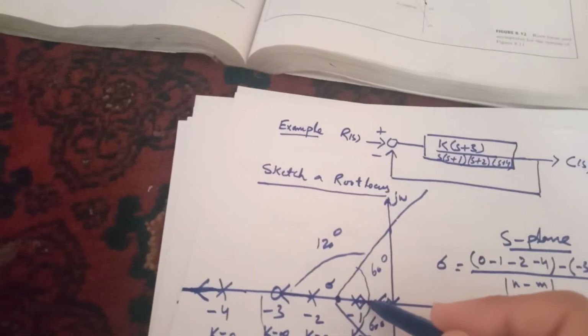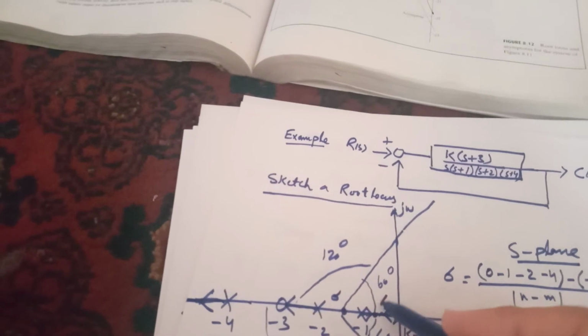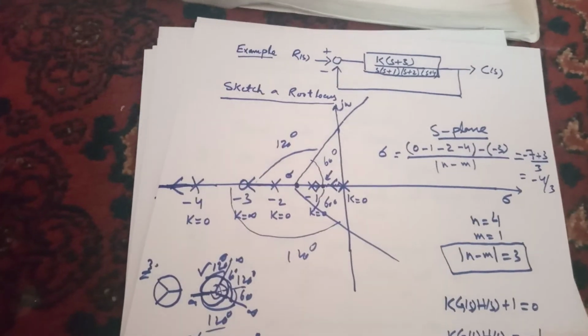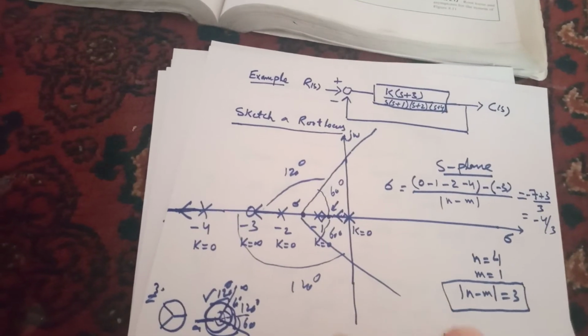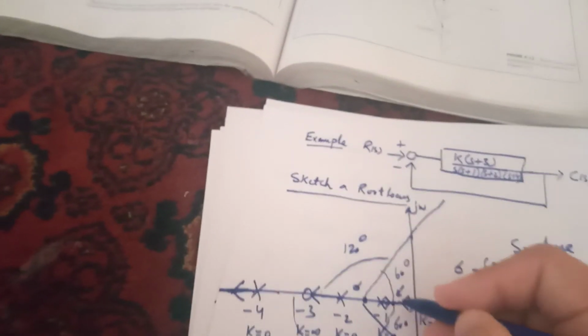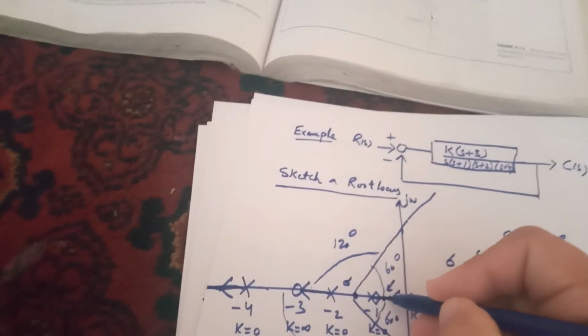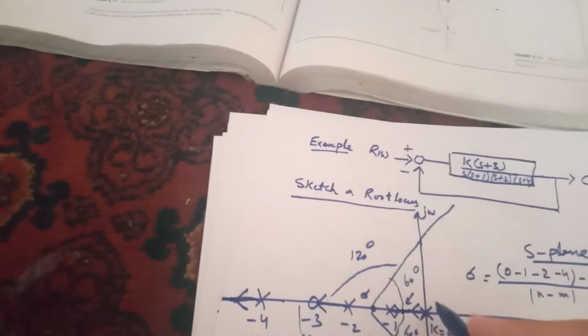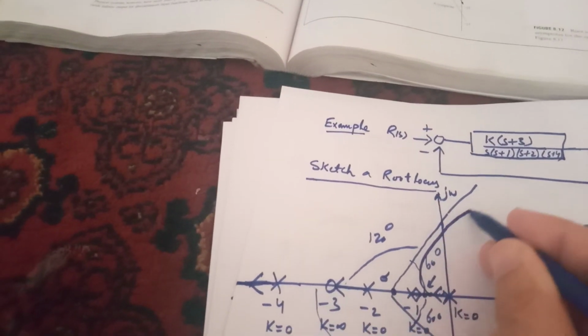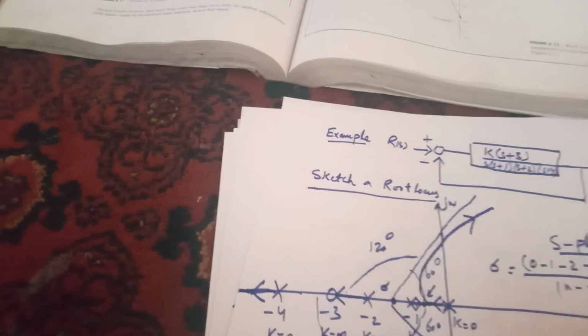We know that this will go somewhere from here. To find this point, we call it a breakout point because it is going away. I'm not telling you how to do it right now, but one branch of the root locus starts from this pole and goes in this direction along this asymptote.